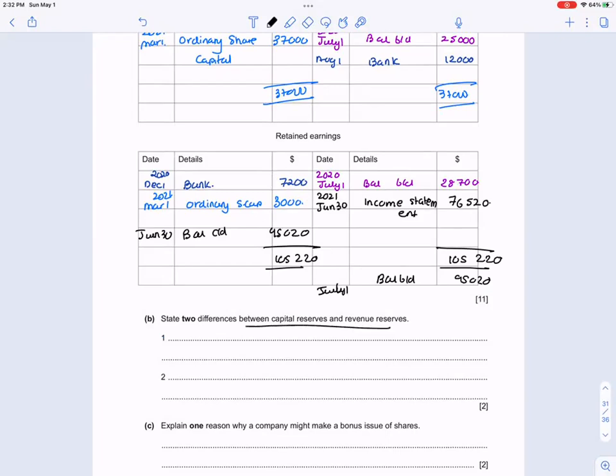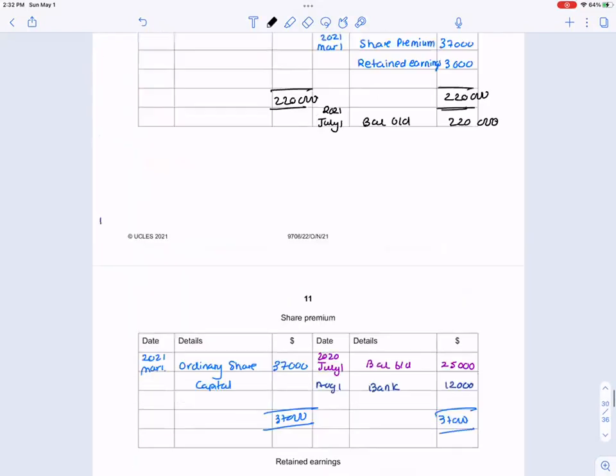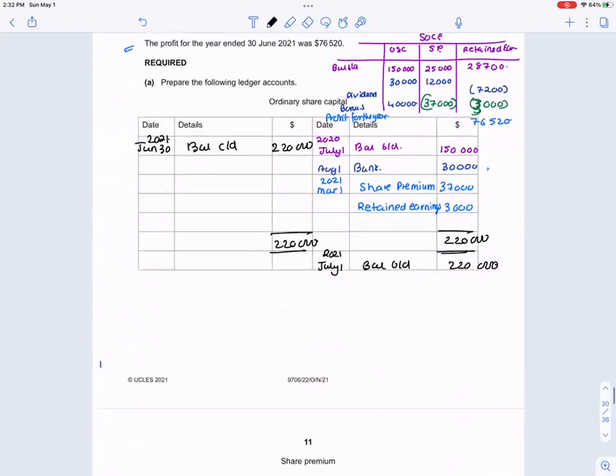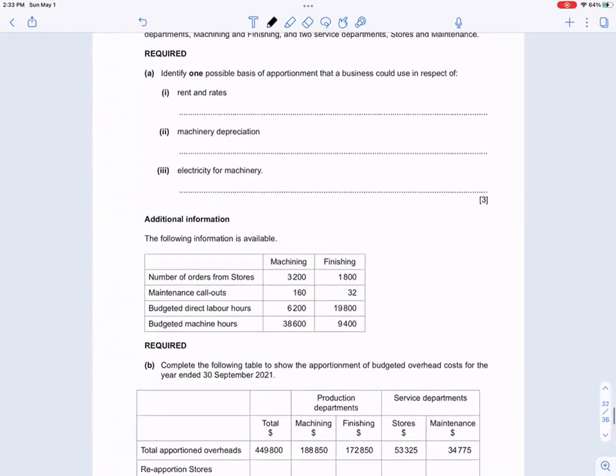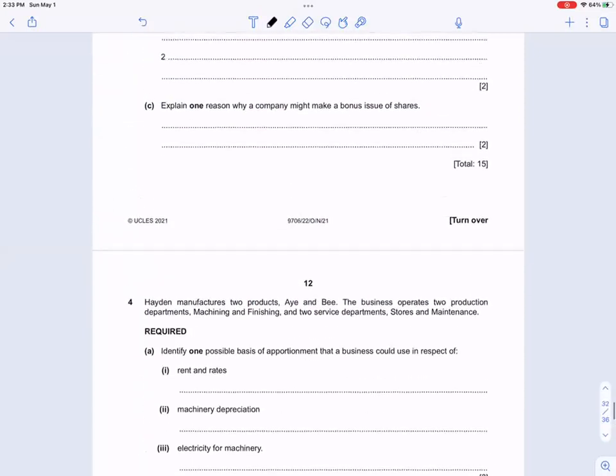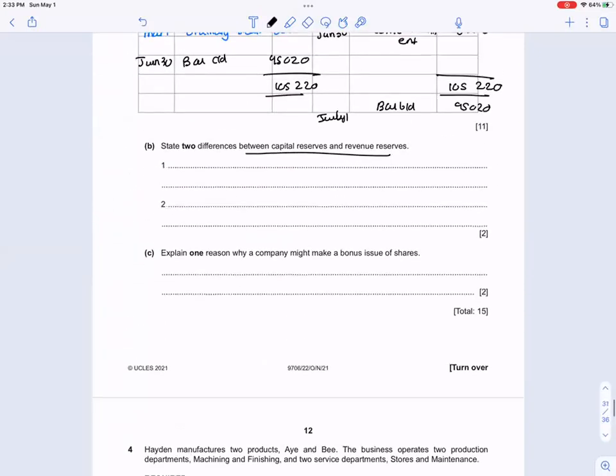What is the difference between capital reserves and revenue reserves? Come on. Capital reserves are not distributable and they're not used for payment of dividend.